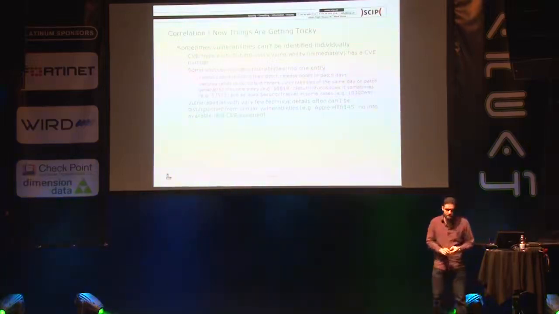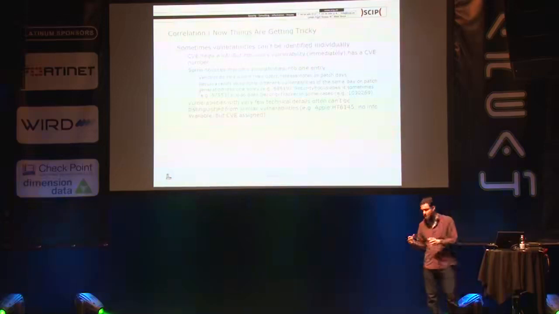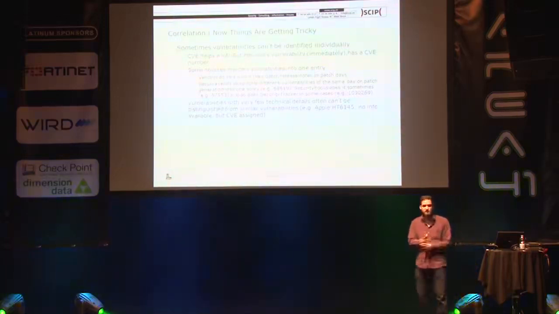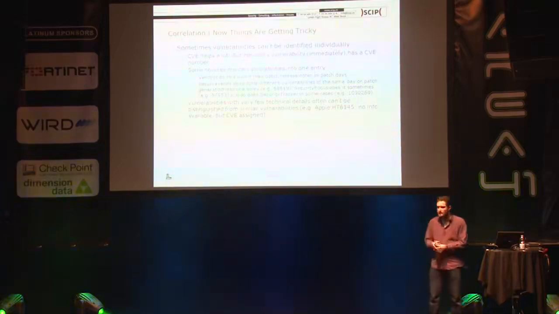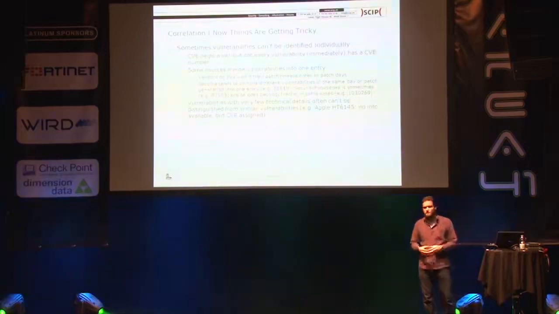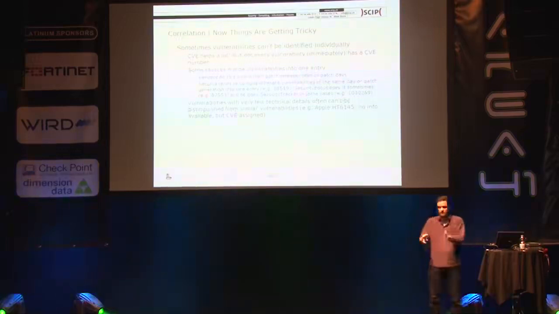Yeah, and the problem is if vendors or researchers aren't providing enough details about the vulnerability, you sometimes can't distinguish between them. And the best example is always the Apple Patch Day. If they release vulnerabilities, memory corruption in WebKit or Safari, sometimes you have no chance to understand which vulnerability is different.